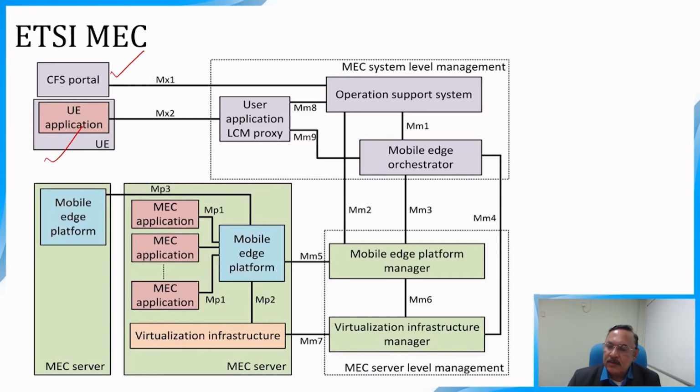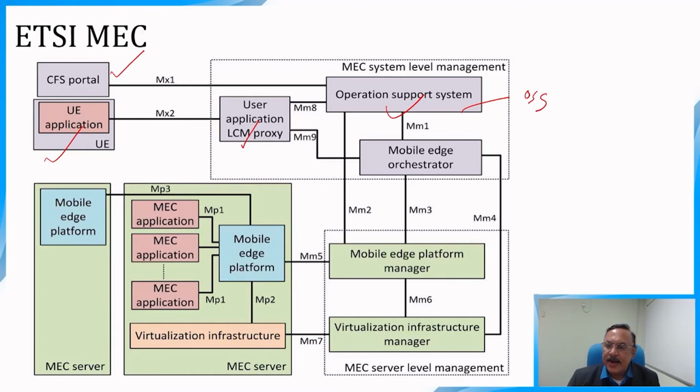So, the MEC system level management includes a user application lifecycle LCM proxy, which mediates the requests such as initiation, termination, relocation of user equipment's applications within the MEC system to the operation support system, OSS, of the mobile operator.